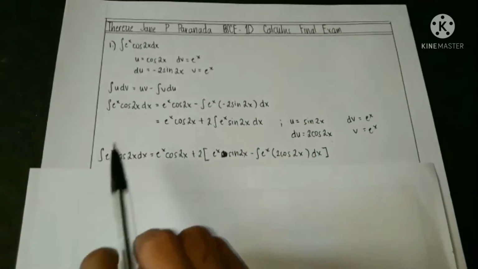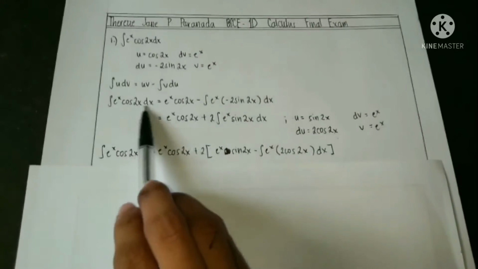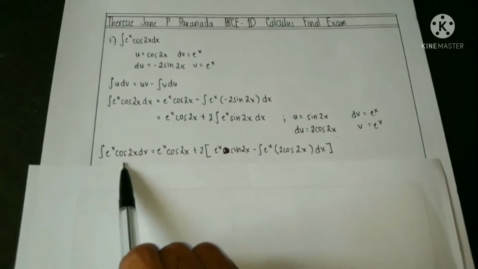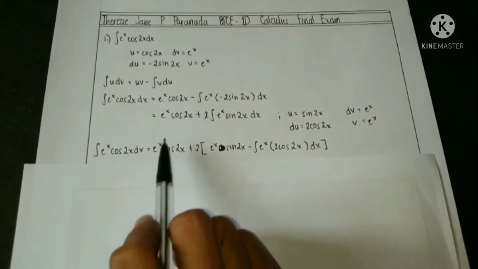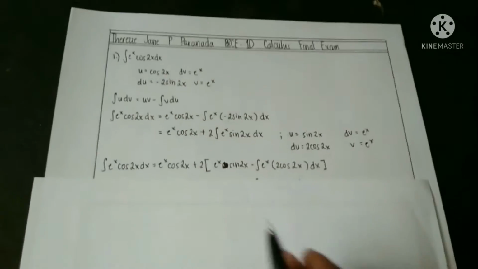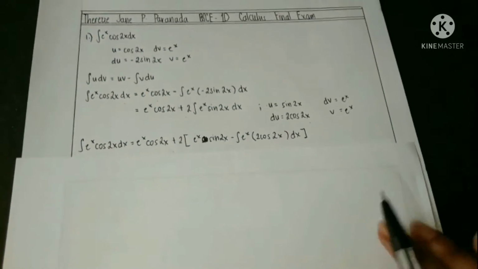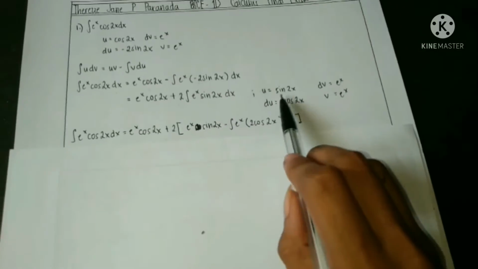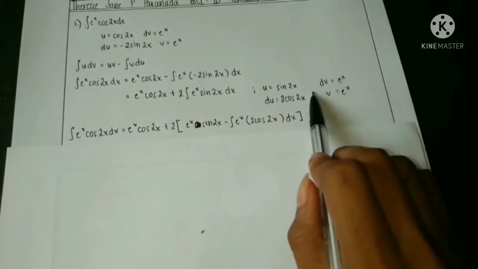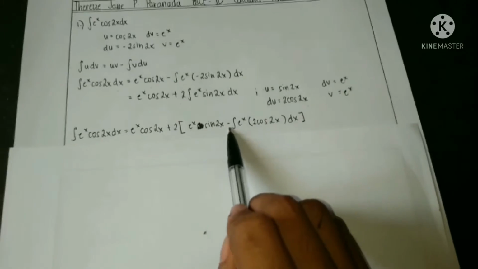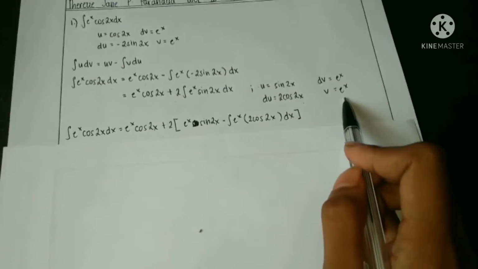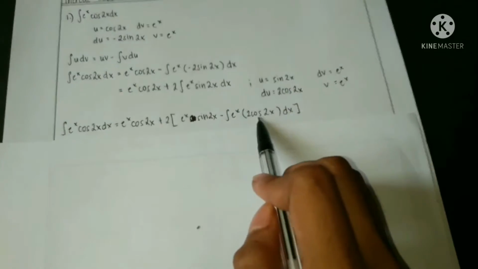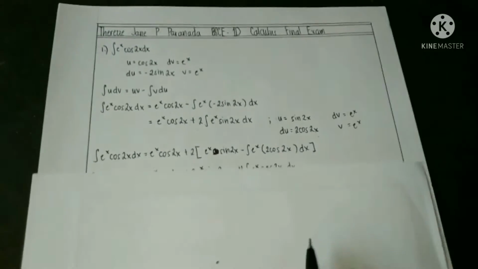So next step, let's copy this, which is the integral of e raised to x cosine 2x dx is equal to e raised to x cosine 2x plus 2. And now, let's apply the formula. So uv, let's multiply uv, which is e^x sine 2x, minus the integral of v du, e raised to x multiplied by du, which is 2 cosine 2x dx.